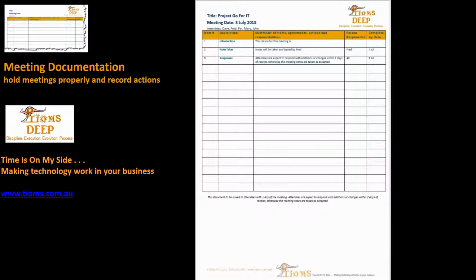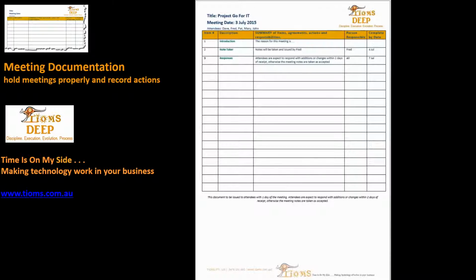Here we have the template for meeting, action and control. This is a very straightforward Microsoft Word document. All of these documents that we see in the Deep templates do not require Microsoft Office to open them.